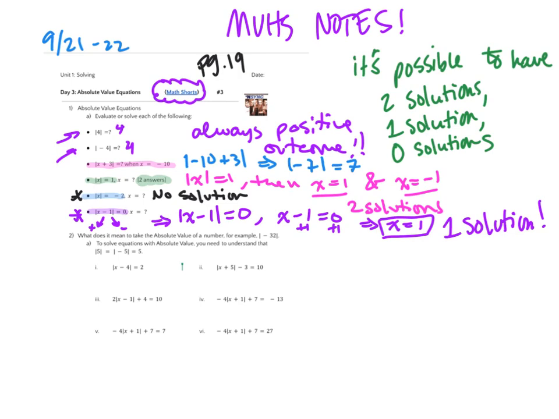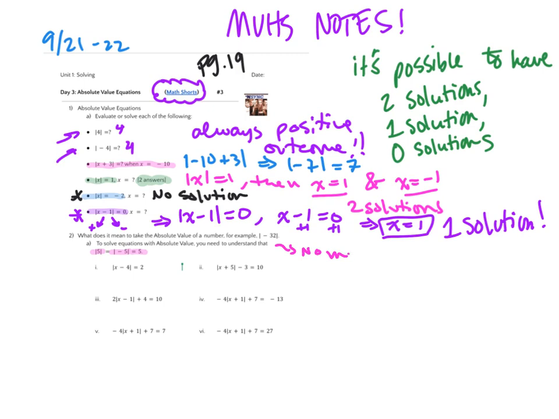Number 2, what does it mean to take the absolute value of a number? For example, the absolute value of -32. So we need to understand what we just talked about, that the absolute value of 5, for example, equals -5 equals +5. So these are all equivalent.